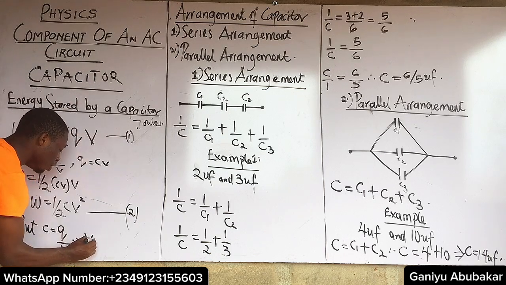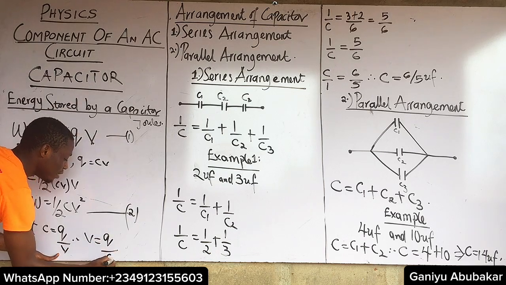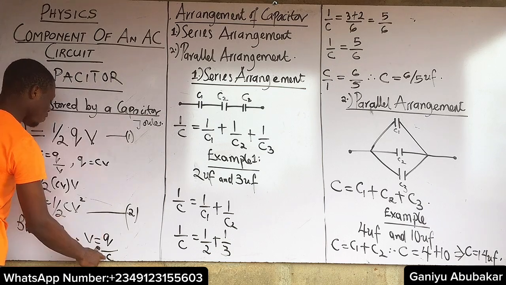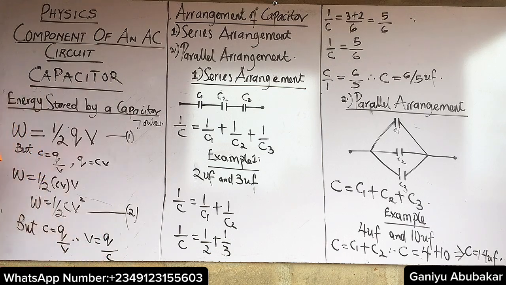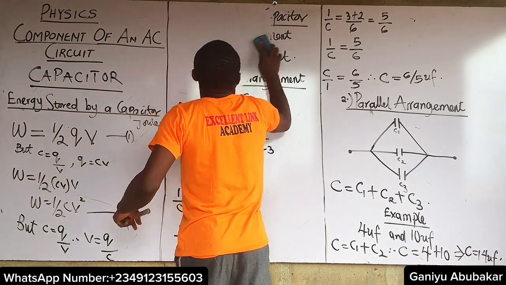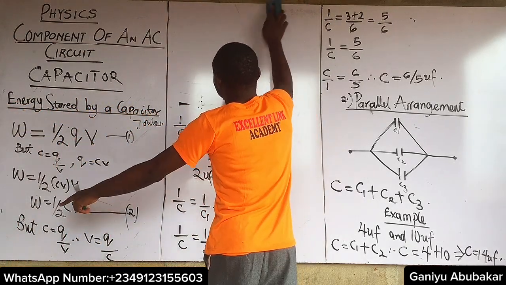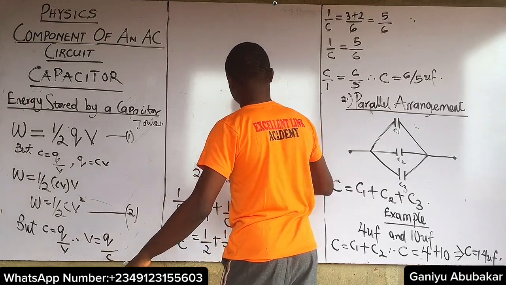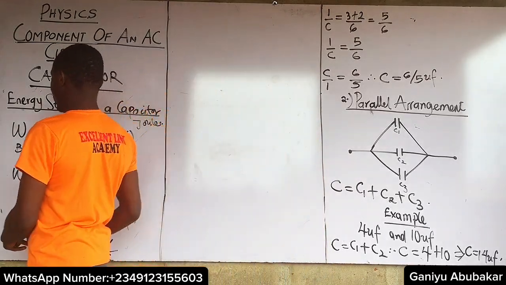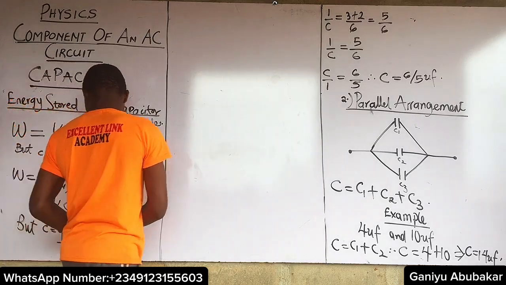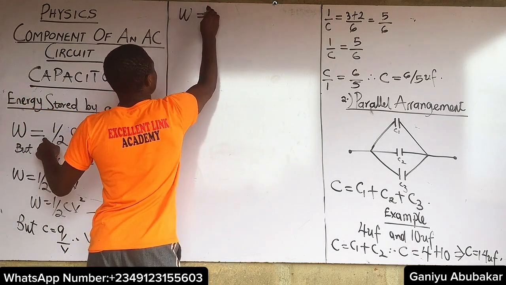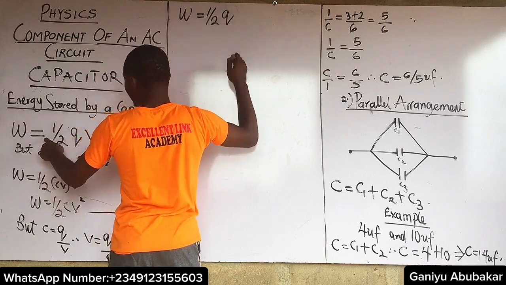Therefore, V is equal to Q over C. Anytime I see V, I'll put Q over C. So from this point here, I'll have that W is equal to half Q. What's V?